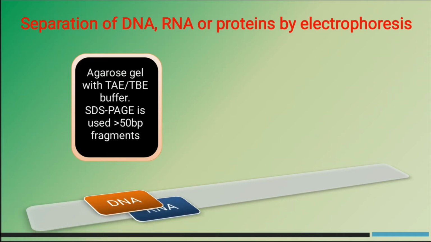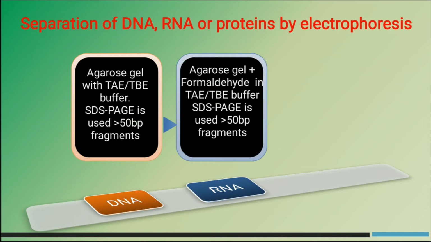Similarly, RNA is resolved in the agarose gel. Since RNA molecules are single stranded and highly unstable, we have to denature them prior to performing the gel electrophoresis. For that purpose, formaldehyde is used in the preparation of the gel as well as the running buffers of Tris acetate EDTA or Tris borate EDTA buffer.